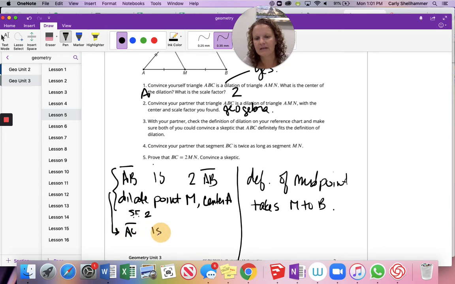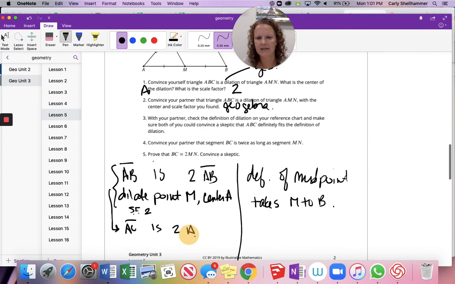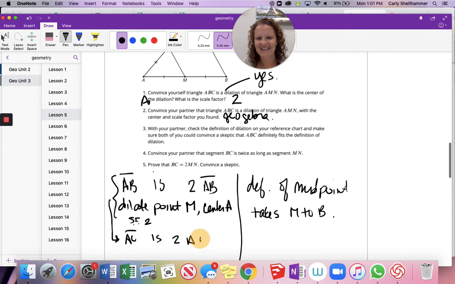AC is twice, oh, I see my mistake. This should be N. Sorry. So AC is twice AN. Same thing, definition of midpoint.